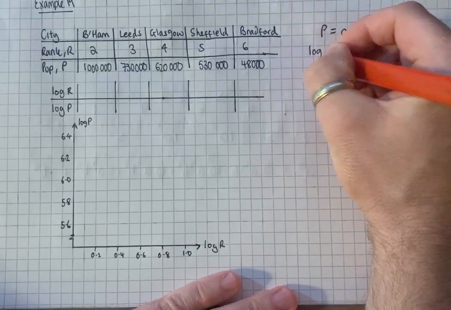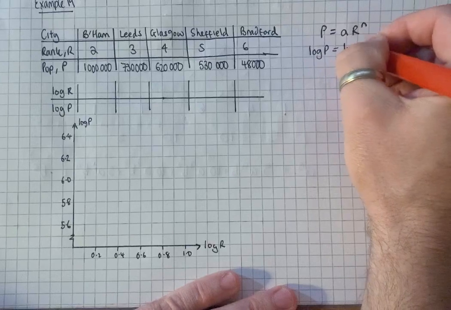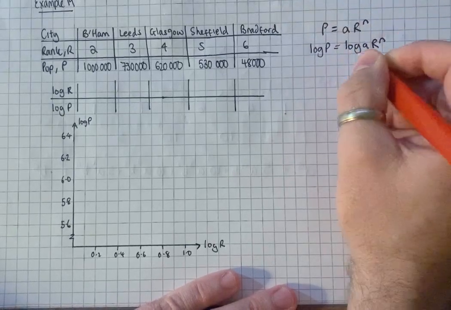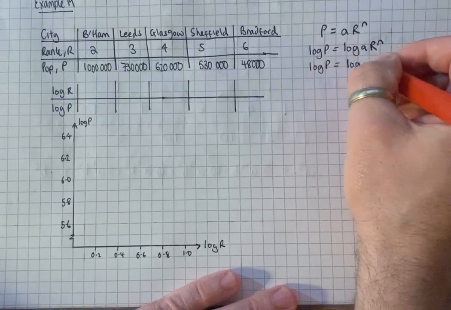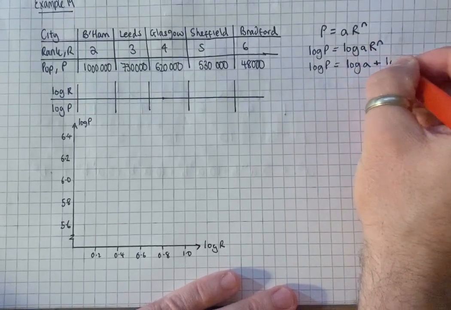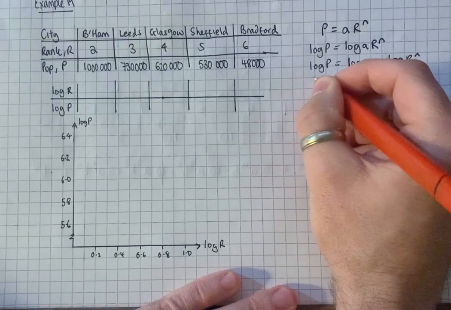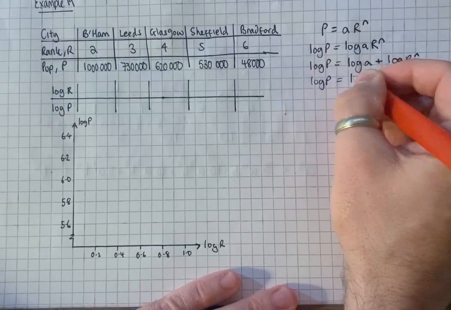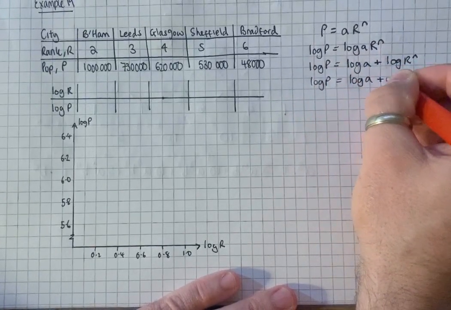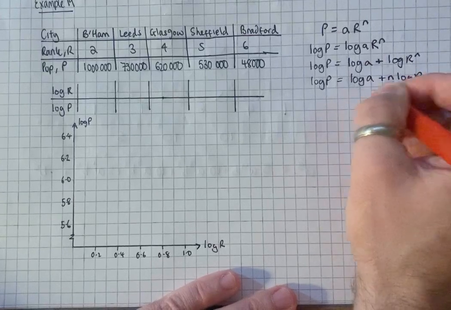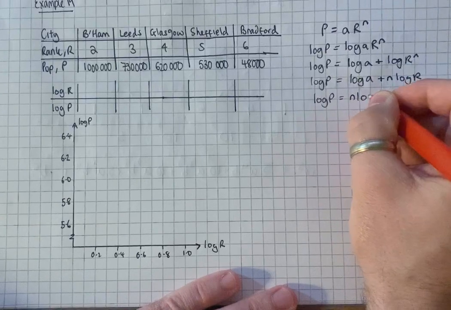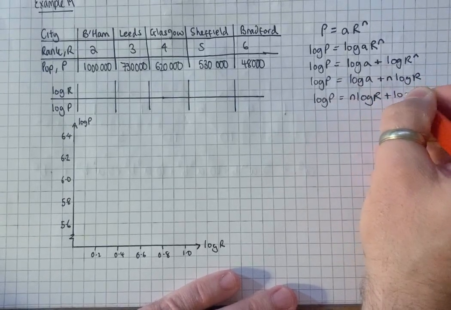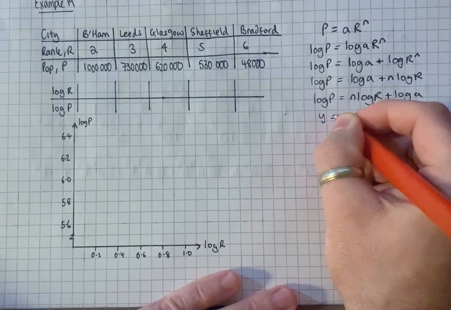So log to both sides, split that, bring the n in front, swap these two over, compare to y equals mx plus c.